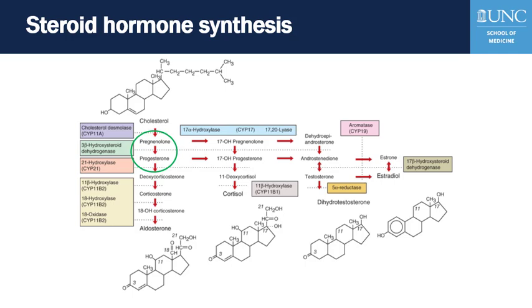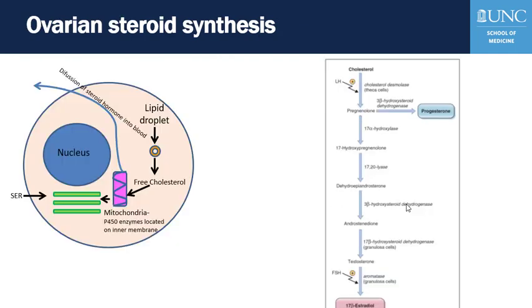And so within cells that have the appropriate enzymes, progesterone can be further processed to generate aldosterone, cortisol, androgens, or estrogen. So the ovaries are responsible for oogenesis and for the secretion of progesterone and estrogen.